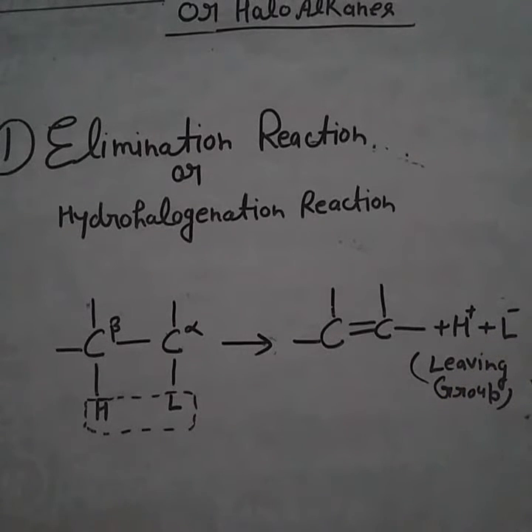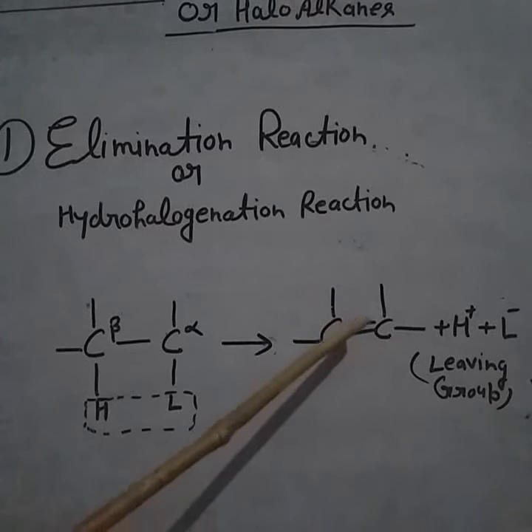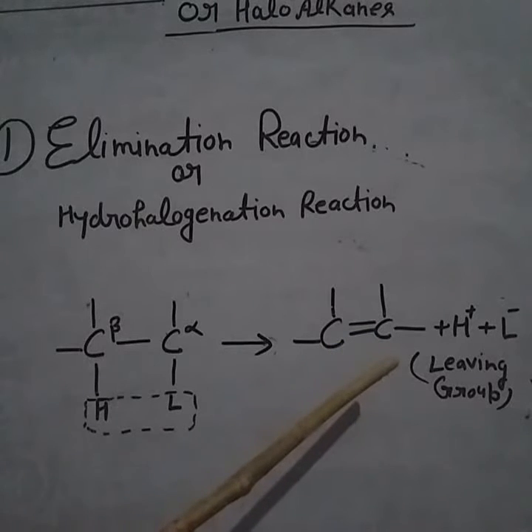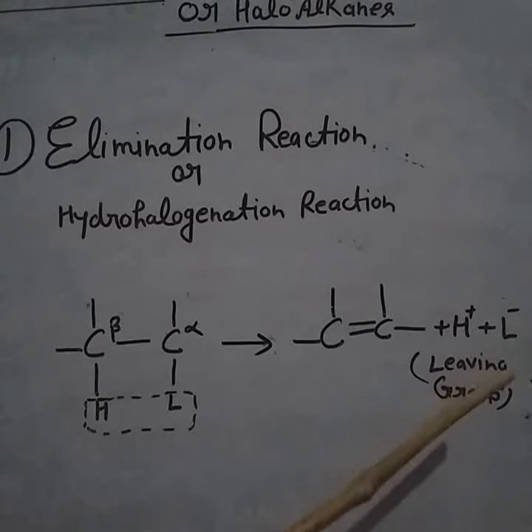So this reaction is called an elimination reaction. Here one carbon releases the hydrogen and the other carbon releases L, the leaving group, forming an alkene, an unsaturated hydrocarbon with a pi bond. Here we show the first pi bond and a second sigma bond, and the leaving group is released.